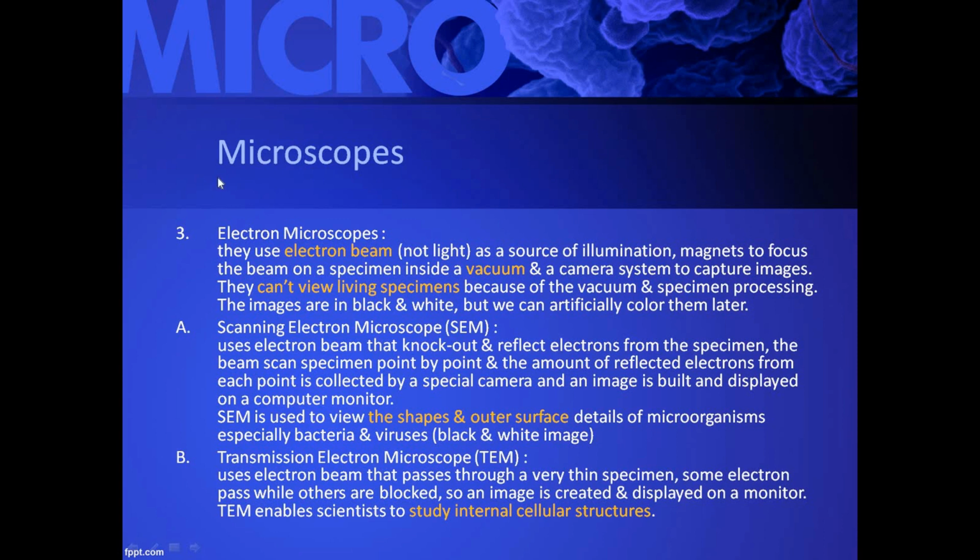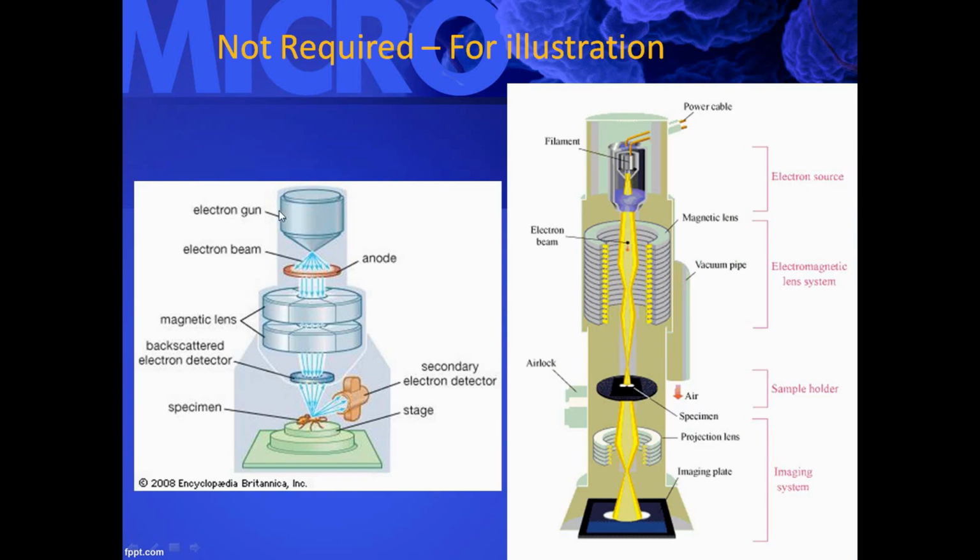Okay, moving on to electron microscopes. Electron microscopes use an electron beam instead of light as the source of illumination. This is a diagram of a scanning electron microscope, and this is a diagram of a transmission electron microscope. Both of them have an electron gun at the top that is placed in a long column.